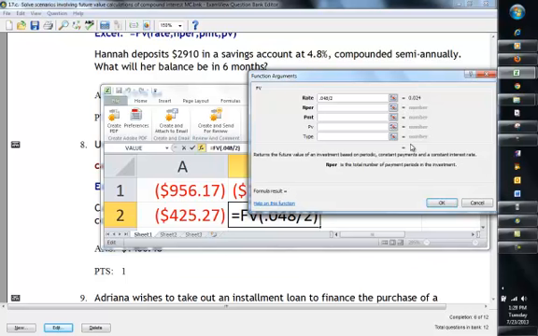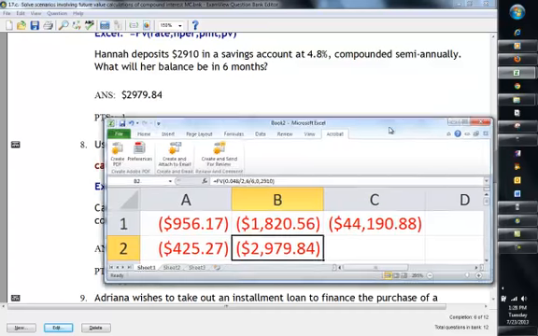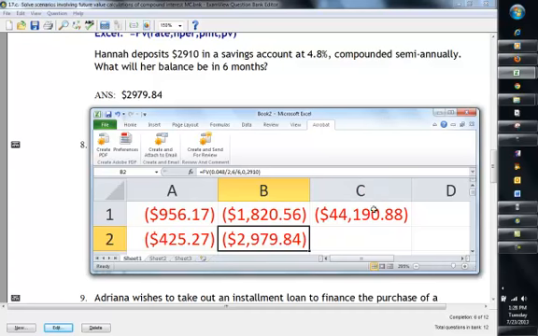There's 6 months in 6 months semi-annually, which is one payment, right? One period. 0 and present value is 2910. There's 6 months in each semi-annually, so 6 divided by 6 is 1. 2979.84.